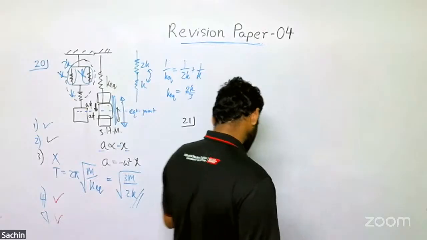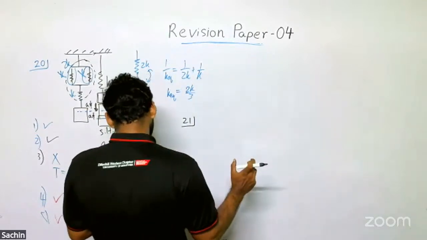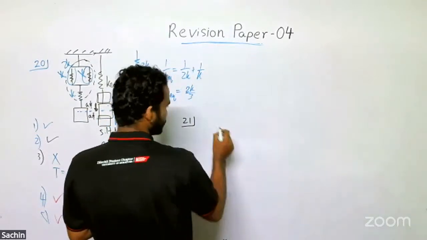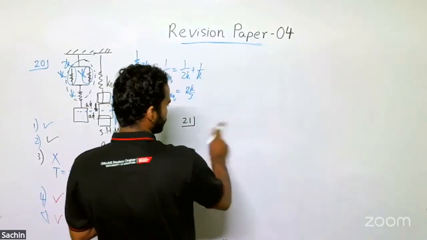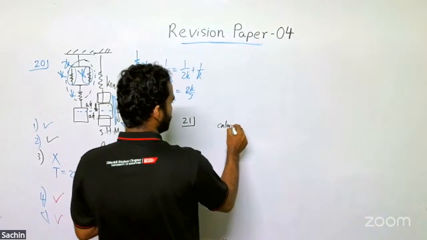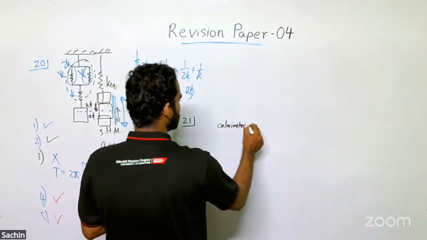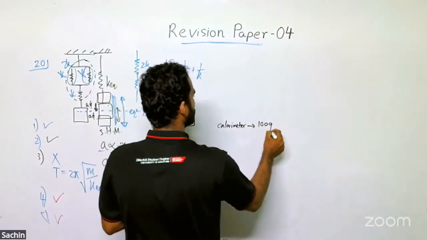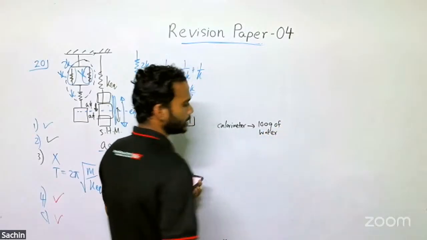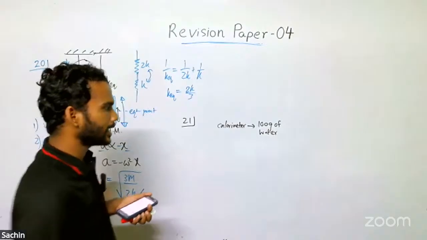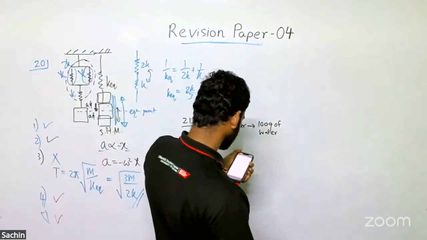So if you do the calculation for the calorimeter, you can assume the calorimeter as 100 gram of water, and do the heat calculations that way.